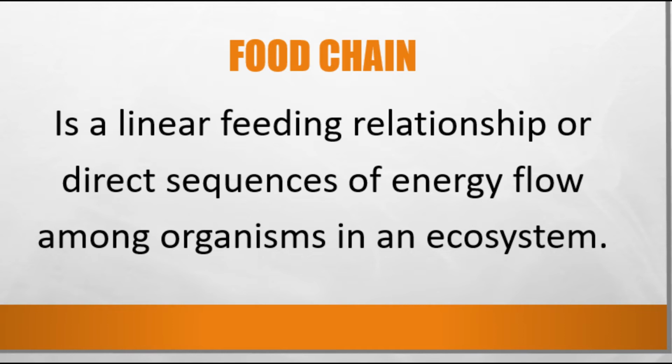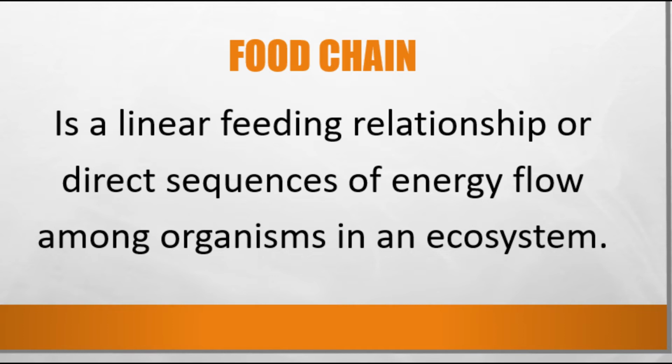So what is a food chain? Food chain is a linear feeding relationship or the direct sequence of energy flow among organisms in an ecosystem.